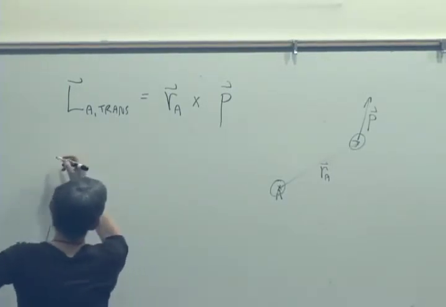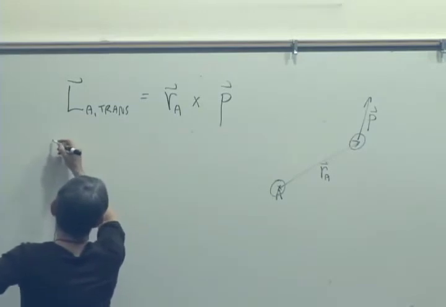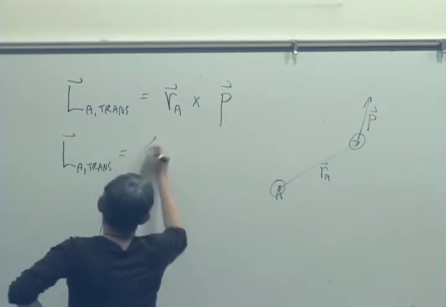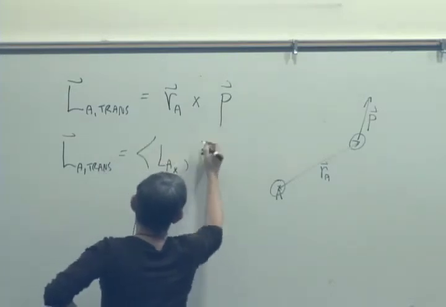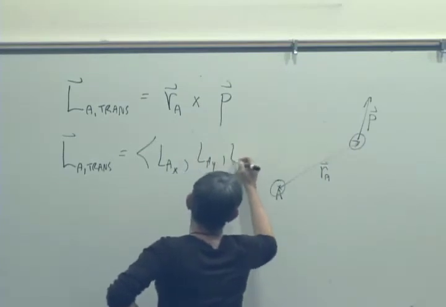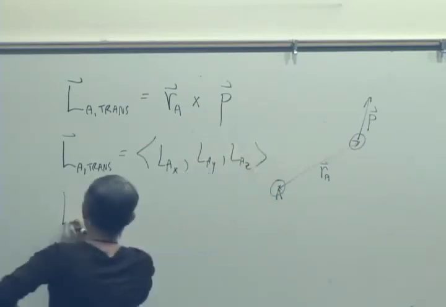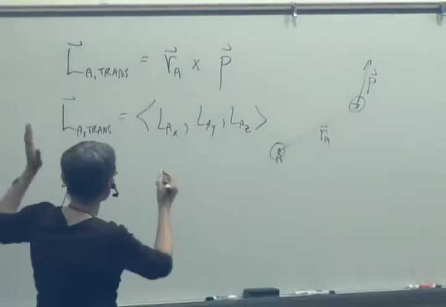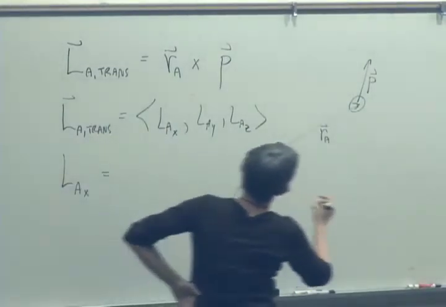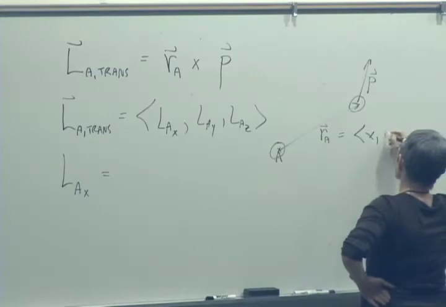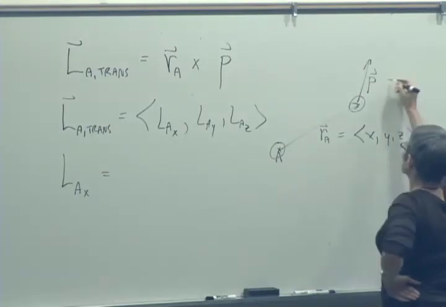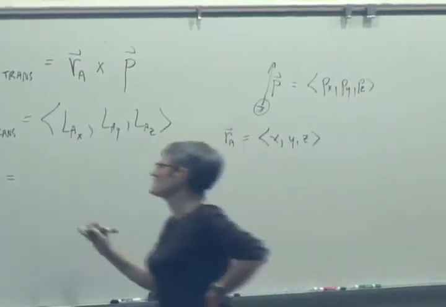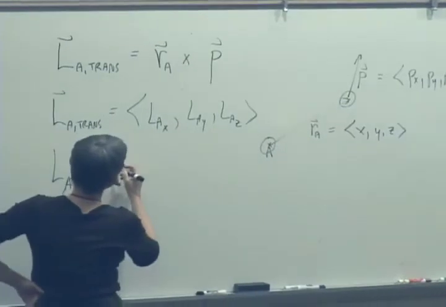And remember that this is a vector which has x, y, and z components. Following the rules for vector cross products, if r is some vector x, y, z, and p is some vector px, py, pz, then the x component involves y and z.